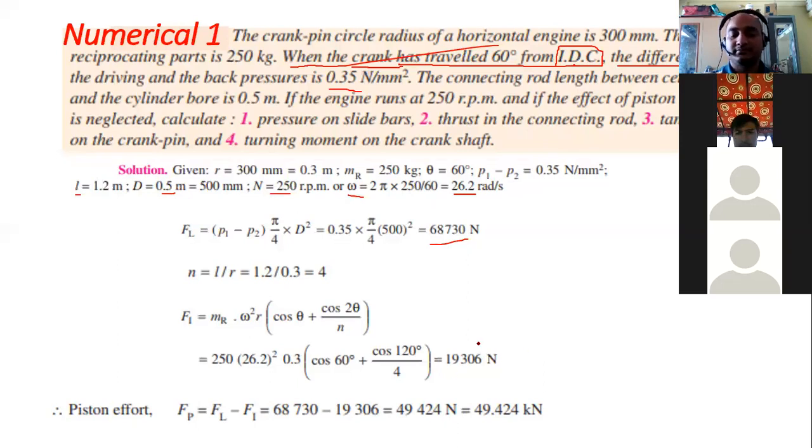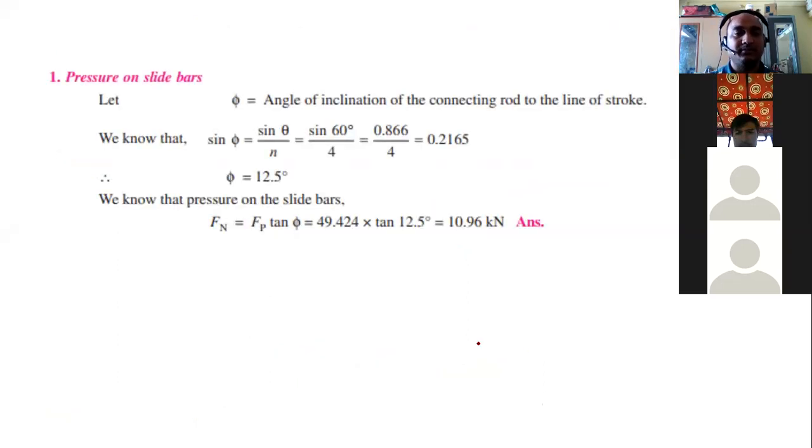Then what is next asked in the problem? Pressure on slide, that is Fn. Fn we have to find out. The formula is simple: Fn equal to Fp tan phi. Fp is known. And what about this phi? We have to find out the value of phi. We know the relation between phi and theta: sin phi equal to sin theta upon n. Simply remember this equation.